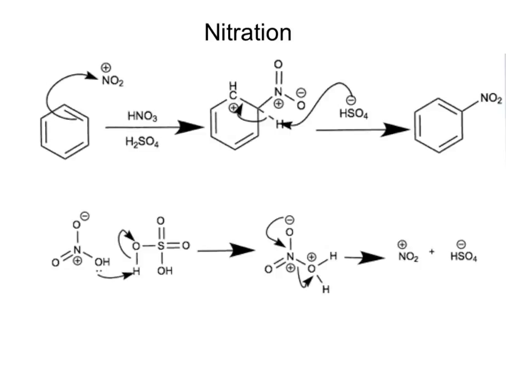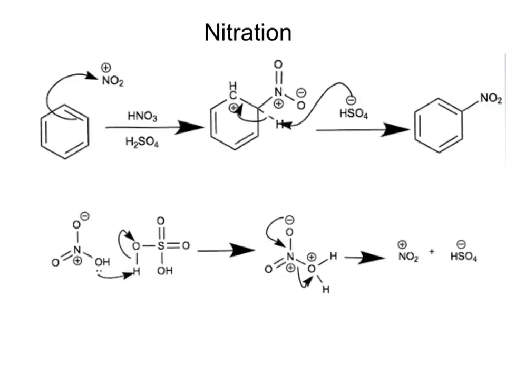There's also a positive charge on the oxygen bonded to the nitrogen, which makes this intermediate molecule unstable. So the negative charge on the oxygen here comes back down to reform a double bond and pushes off the water group here. At this point, we've successfully formed NO2+. We then use NO2+ and HSO4- in the nitration reaction above.